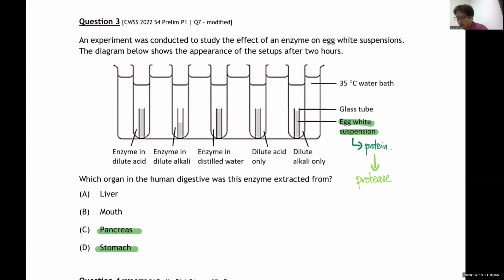Why is the mouth out? What's the name of the amylase? For the amylase in your body, you need to specify, because you have two types. It's not just a different name. Salivary amylase is found in saliva. The other one is pancreatic amylase, formed in the pancreas. Functionally, is there a difference between them?